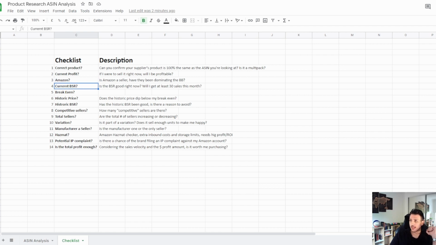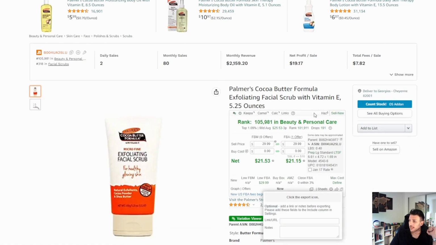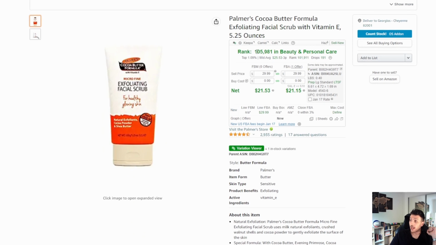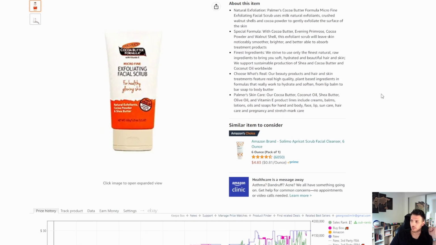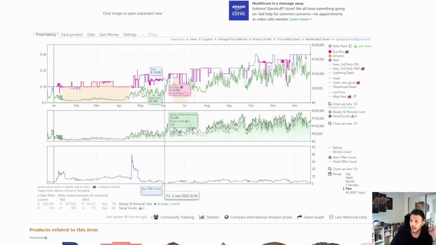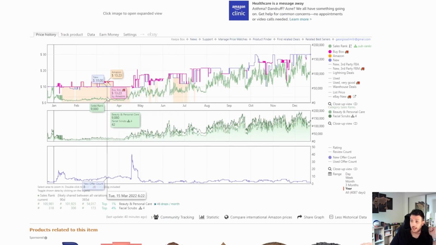The current BSR. At the moment, the BSR is fairly high. It's 106,000 in beauty and personal care. So it's not a very, very good seller, but it still does sell and would lead to some good profit. When Amazon was selling it at 12, 13 bucks, it was a killer seller. The BSR was very low, 11,000, 10,000. So it was quite low.